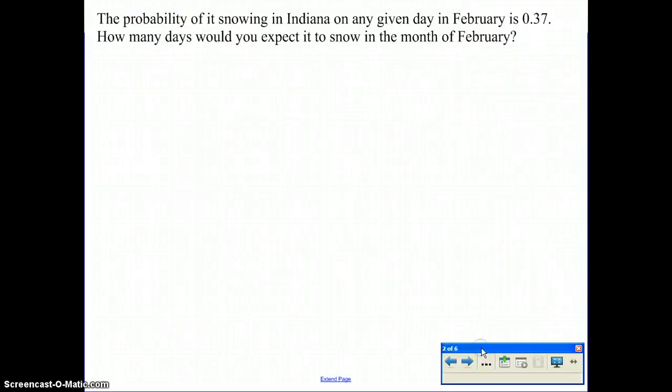So let's look at a basic example. Let's say the probability of it snowing in Indiana on any given day in February is 0.37. How many days would you expect it to snow in the month of February? Well, we're just going to take n times p. In this case, n is just the number of days in February.